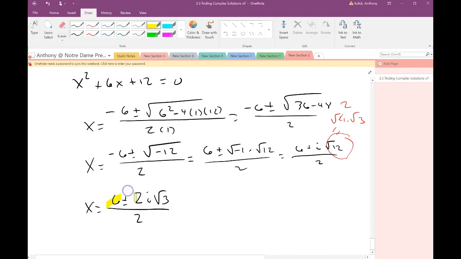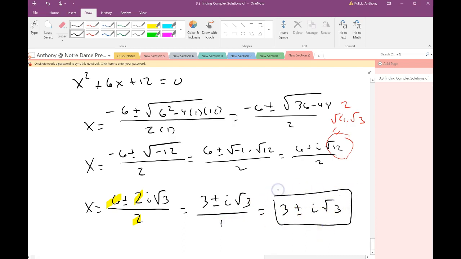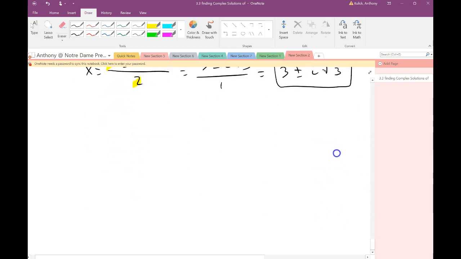And then I notice that 2, 6, and 2 are all divisible by 2. So if I do that, I can reduce, and I get this. And that does it. So there's our technique to solve any quadratic equation.